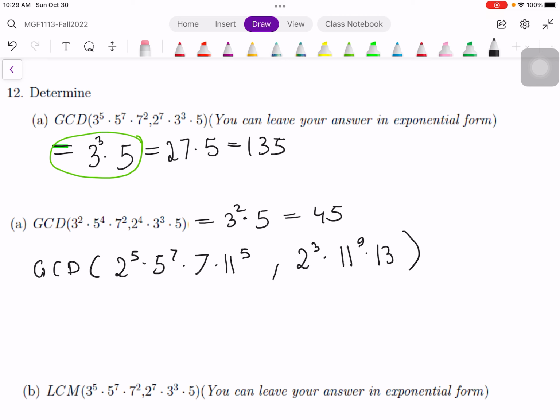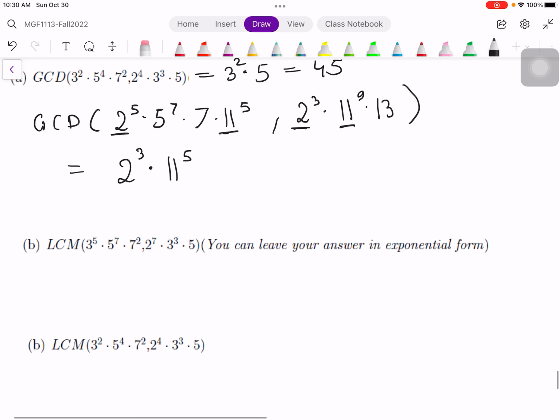Okay, so if you look at those two numbers, the two common factors are 2 and 11. They show up in both factorizations. So you choose the smaller of the two powers. So that's going to be this. And I'm going to leave it as such, because 11 to the power 5 is a very big number.